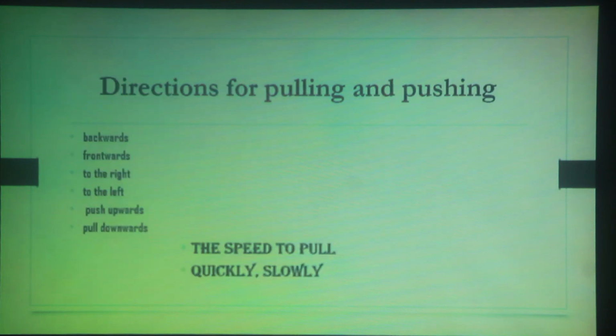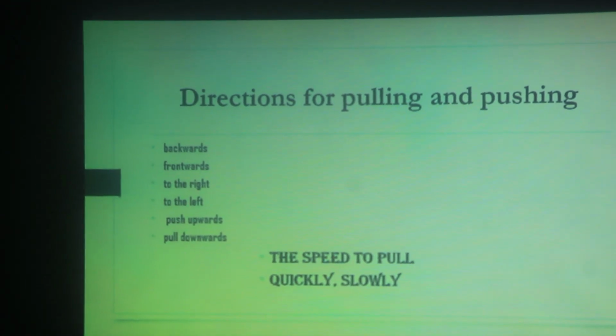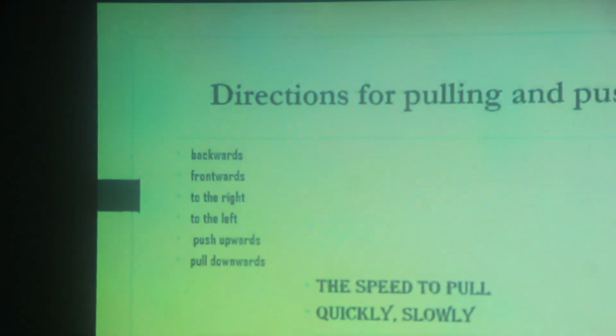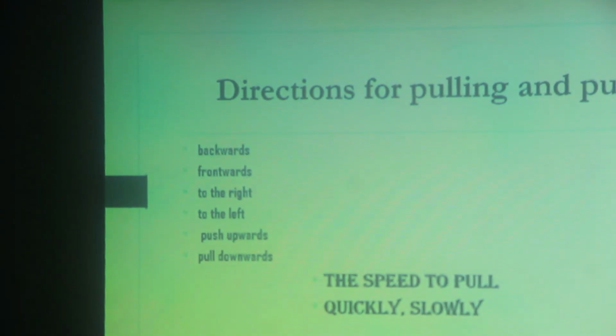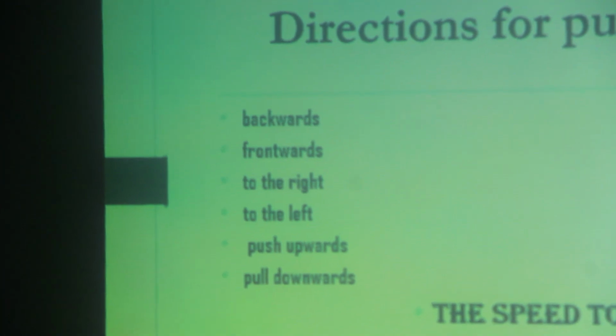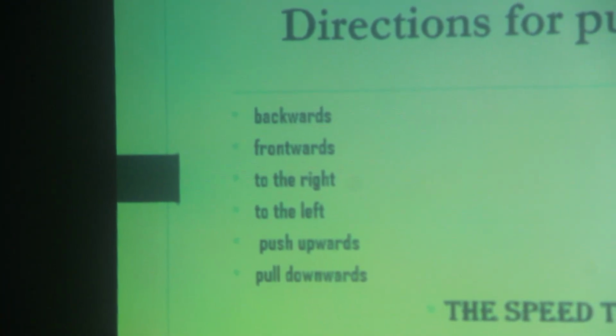Now, learners, we've talked of directions of pulling and pushing. We can push an object backwards. We can also pull an object backwards. We can push an object to the front. We can also pull an object to the front.